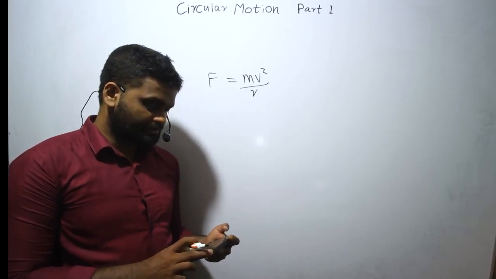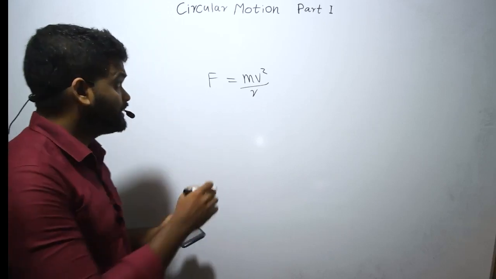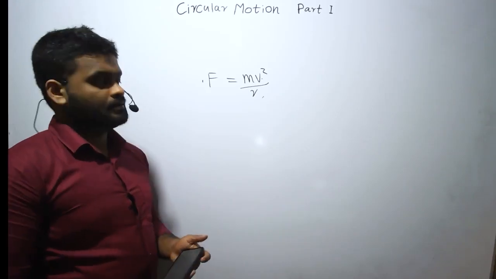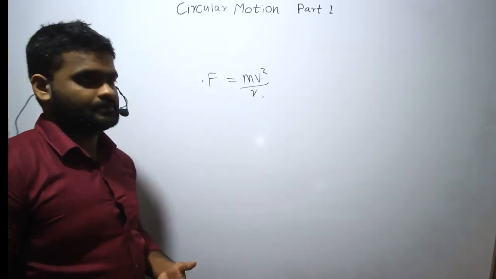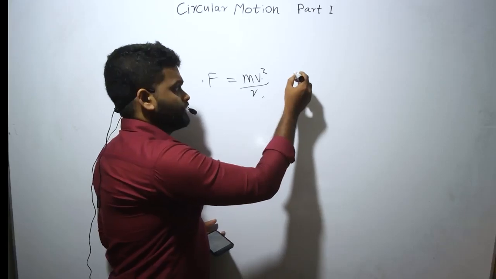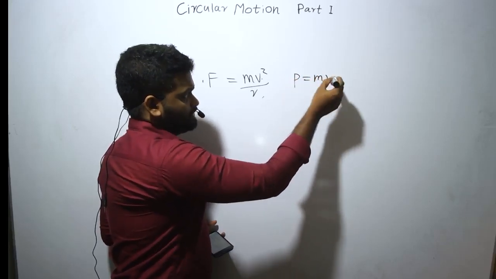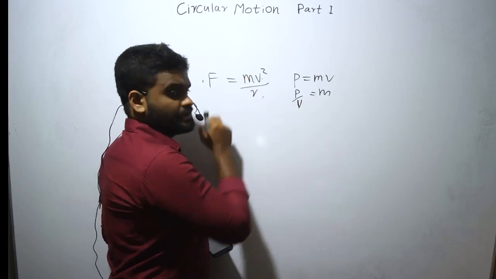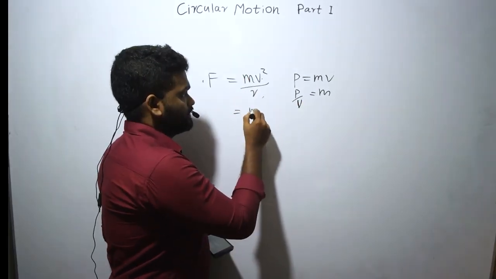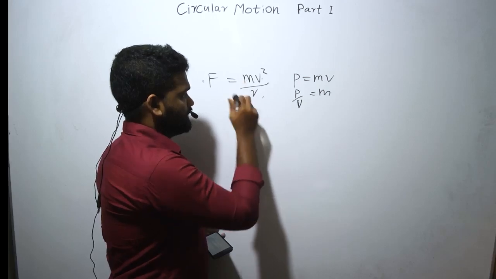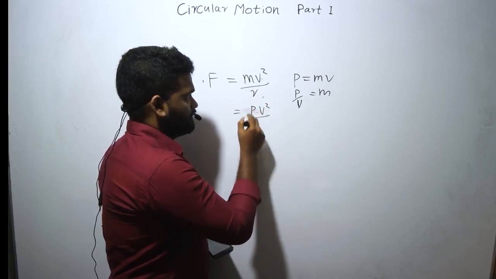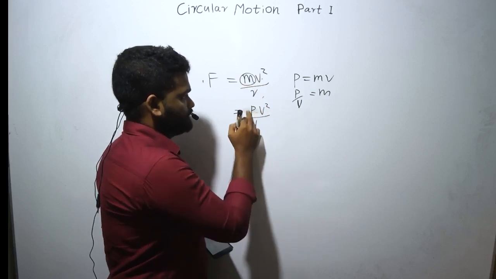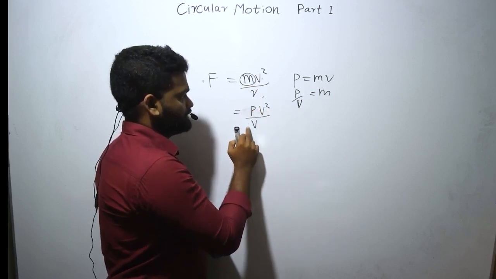If we check the answers, we have F, r, and v. What we don't have is m, right? So you need to get rid of m. How do we get rid of that? p equals mv, so m is momentum divided by velocity. Just substitute it here. Instead of m, you can use momentum divided by velocity.